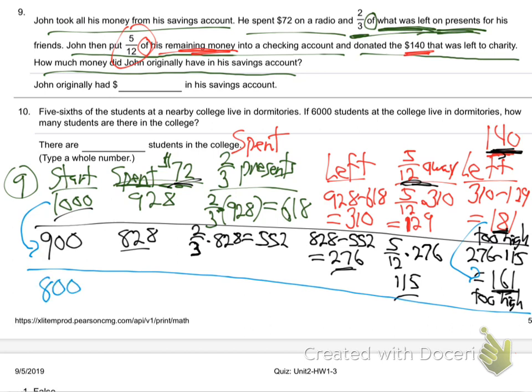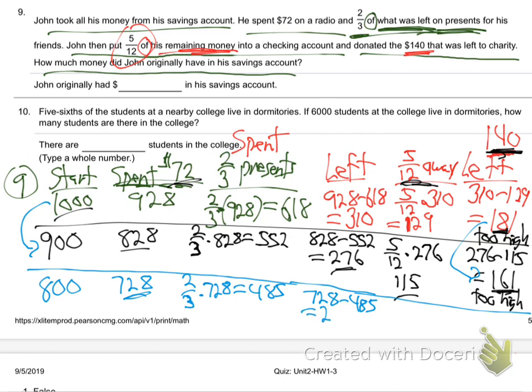Spent 72. So that would be down to 728. 2/3 on presents. 2/3 times 728. I'm getting 485, about, with some change. And then what's left? It's the 728 he had here minus the 485.